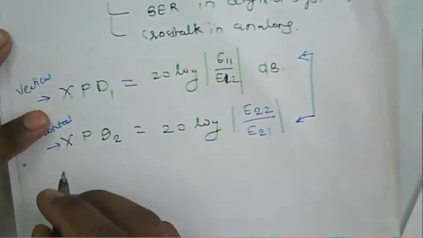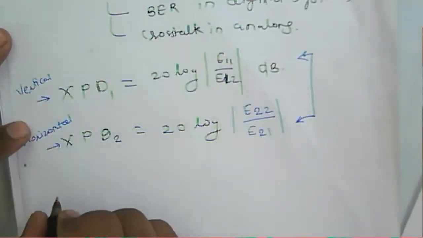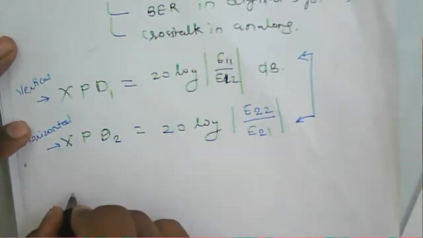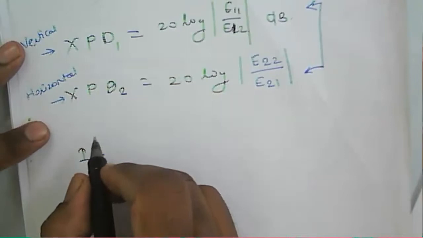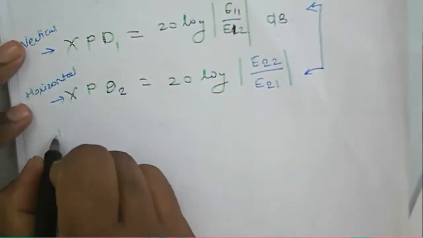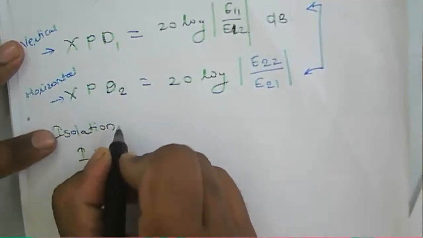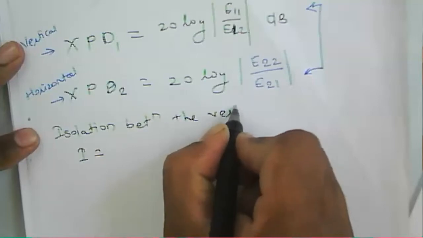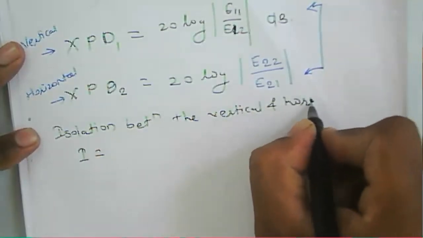It is defined as the ratio of the copolarized component of the vertical wave to the cross polarized component of the horizontal polarized wave in the vertical direction. So we can write I, the isolation factor, as the isolation between the vertical and horizontal polarized wave.